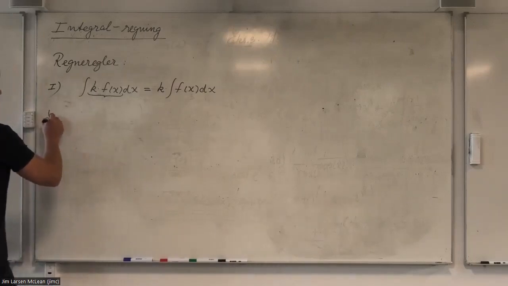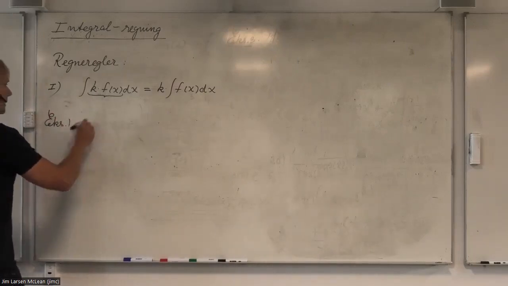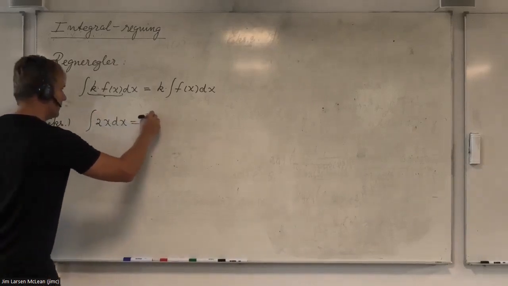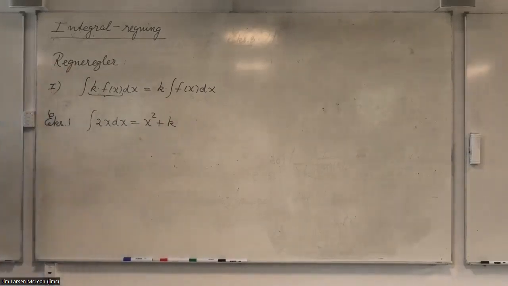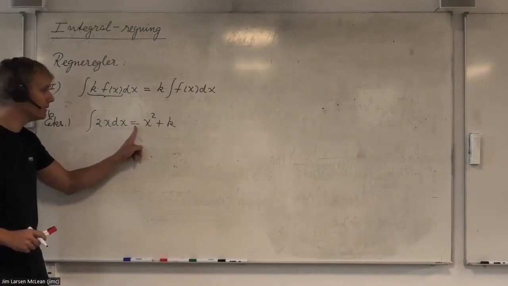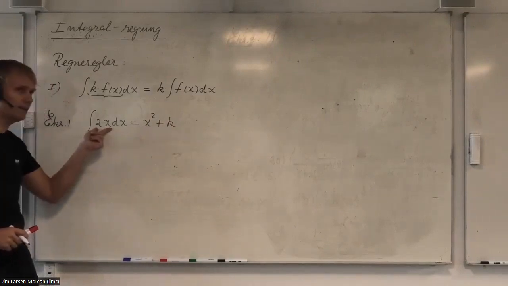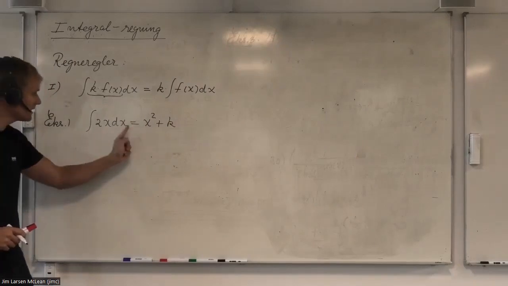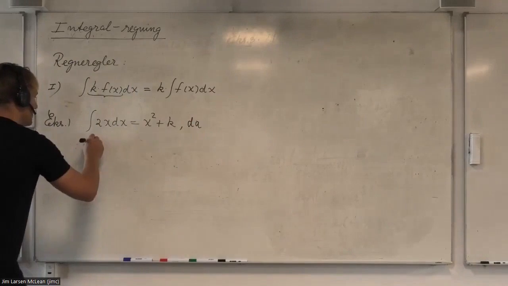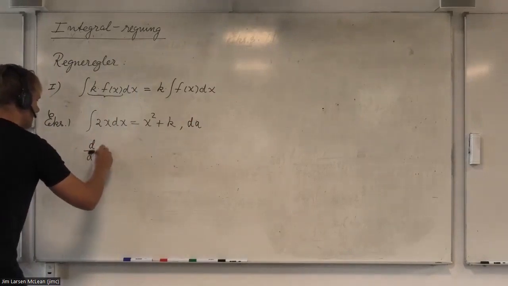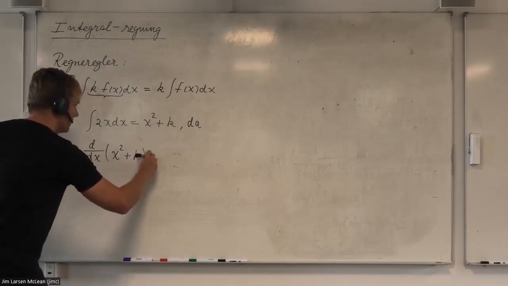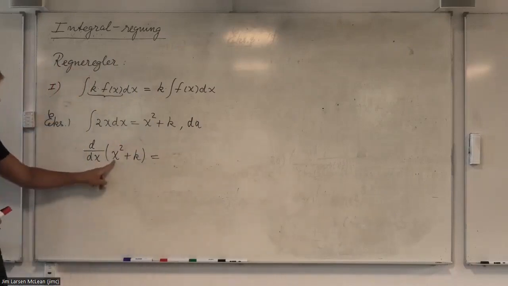What does that mean? When I say the integral of 2x dx equals x squared plus k, what does that actually mean? It means that the equality is true if, and only if, differentiating the right side gives the integrand. So is this equality true? Yes, because if I differentiate x squared plus k with respect to x, I get 2x.